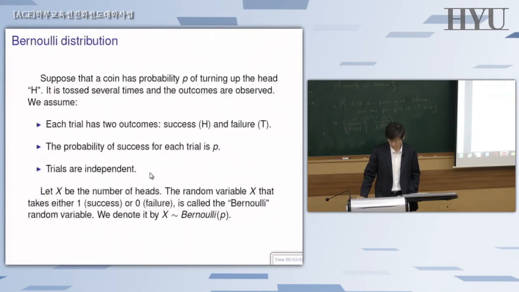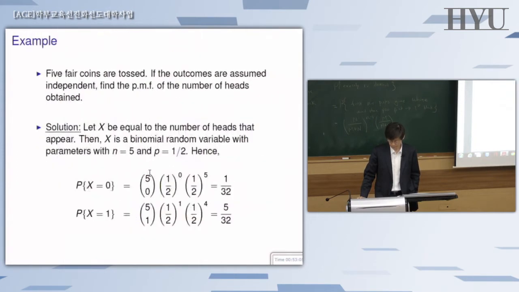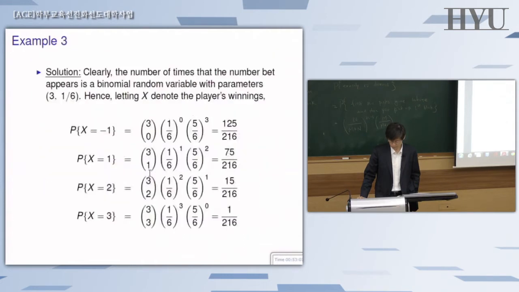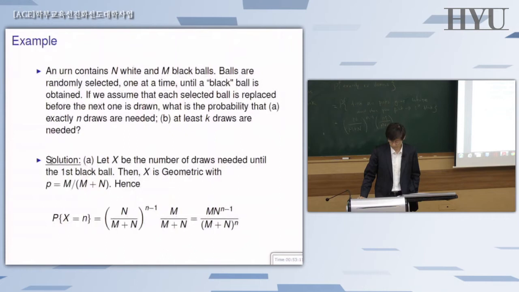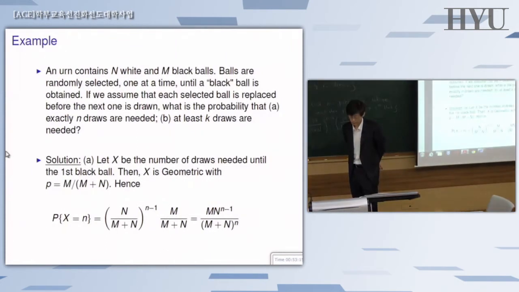So check out the solution. First define x to be the number of draws needed until the first black ball. And this is obviously geometric with a success probability of m over n plus m.